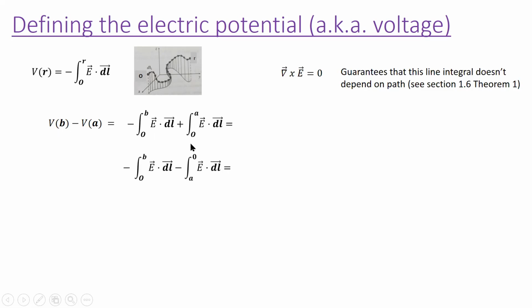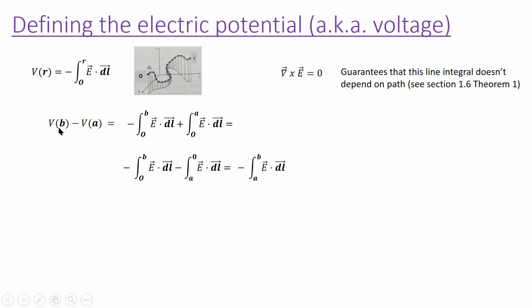Then we can make one more adjustment: keep the first term the same, and for the second term, if we flip the limits of integration, O and A, we get minus the integral from A to O. Then we have the integral from A to O and the integral from O to B, which becomes the integral from A to B with a minus sign.